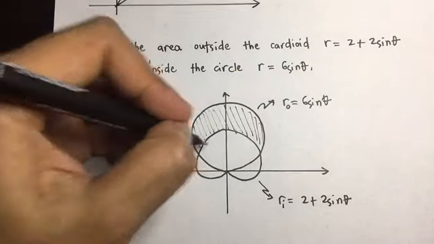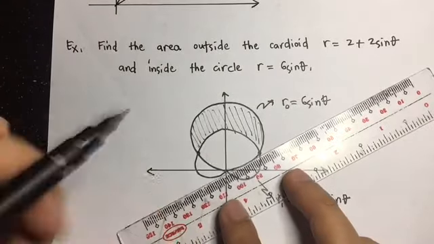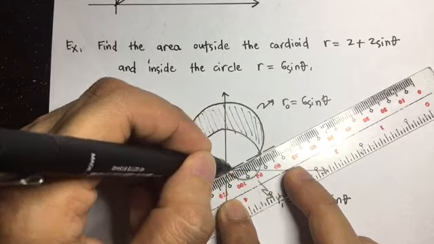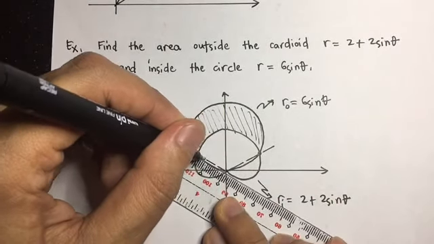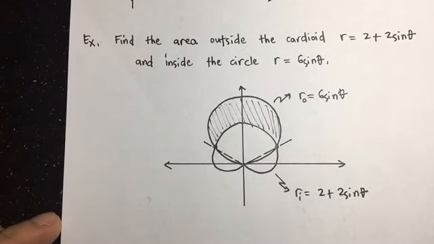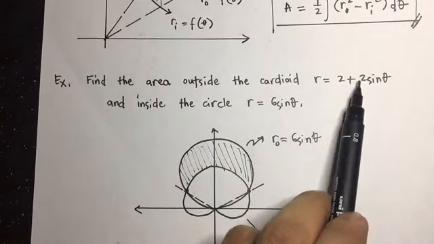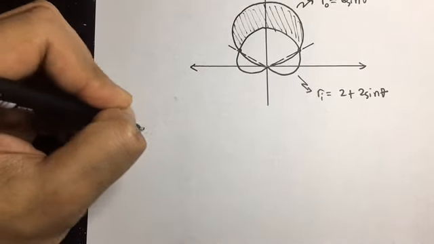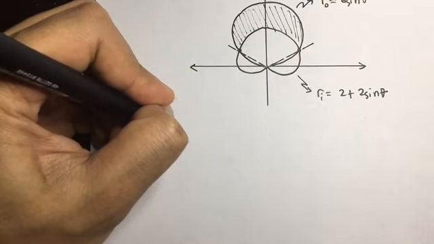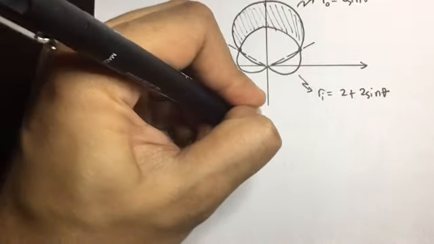All we need to determine are the limits. For what values of theta are we going to integrate? We must find the intersection of those two curves. To solve that, all we need to do is equate, so r is equal to r.